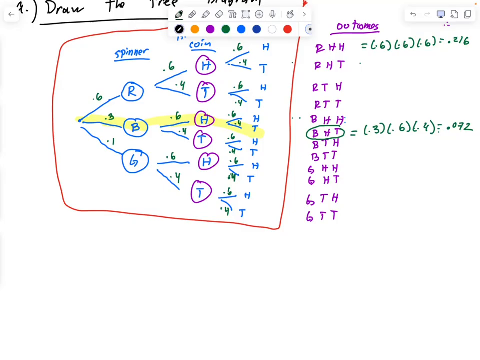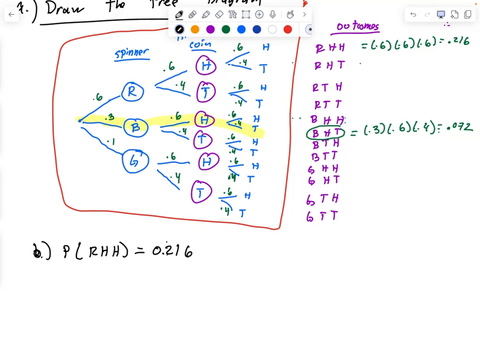What are the different outcomes? There's BHT, which is the one we just found, right? And what other one? BTH.